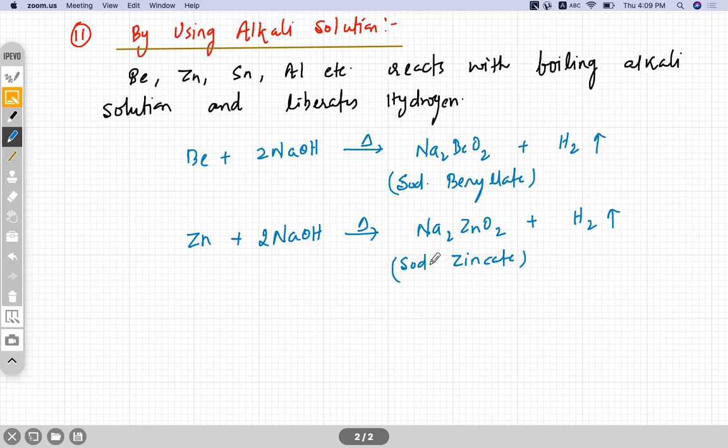Okay, these are the reactions we have for the preparation of hydrogen with alkali solution. Copy this down. Then go to the next slide.